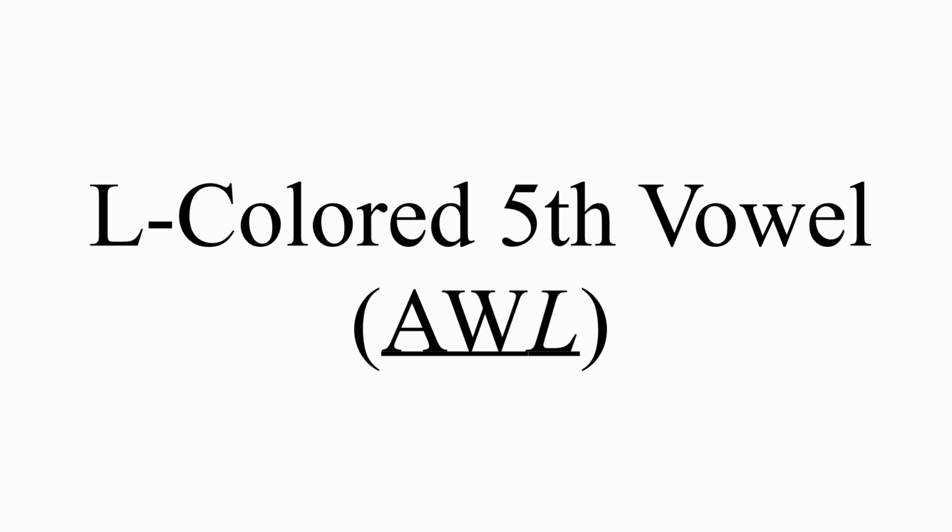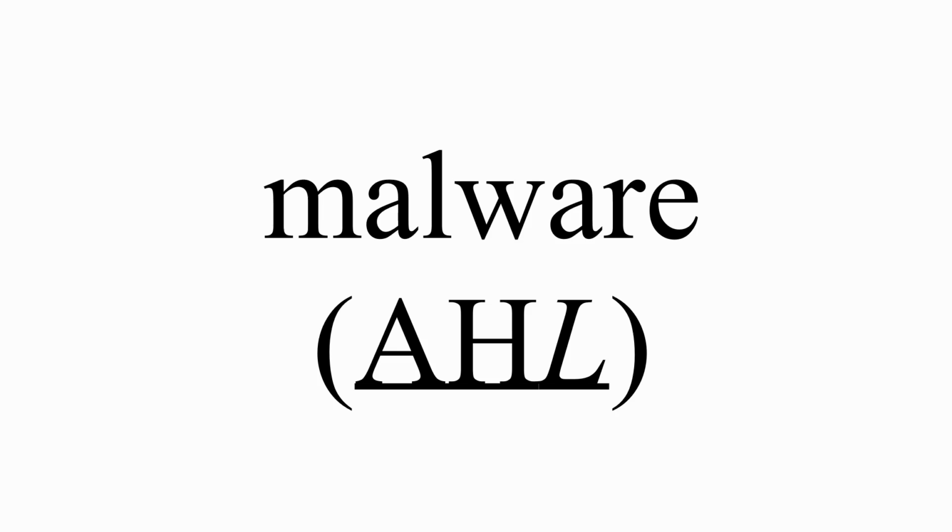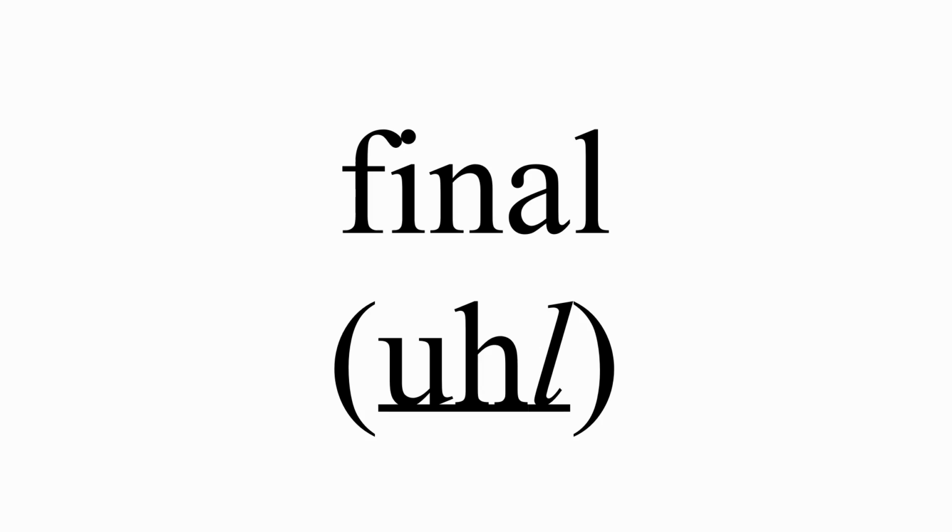If you see two L's, like all, call, fall, wall, then it's an L-colored fifth vowel, and the second L actually creates the L, where the first L is silent. Sometimes you will see the spelling AL, and it's actually the fourth vowel, L-colored, like malware. Or it might be a schwa with a half L vowel to make it an L-colored schwa, like in final, or most words that end with AL. So again, focus on your ears, not your eyes. Definitely do not say walk.